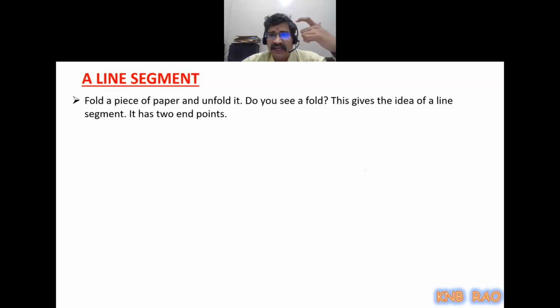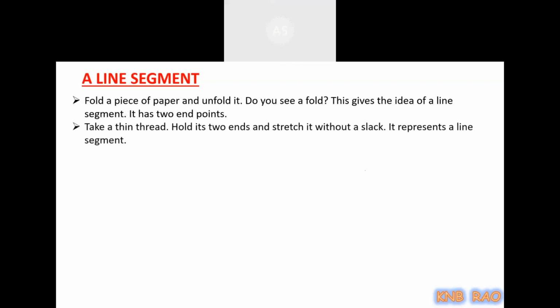You can get the idea of a line segment when you fold a paper. When it is folded and then unfolded, you will see a crease formed. That crease is a line segment which has two endpoints, right? Or take a thin thread, hold it tight and stretch it.